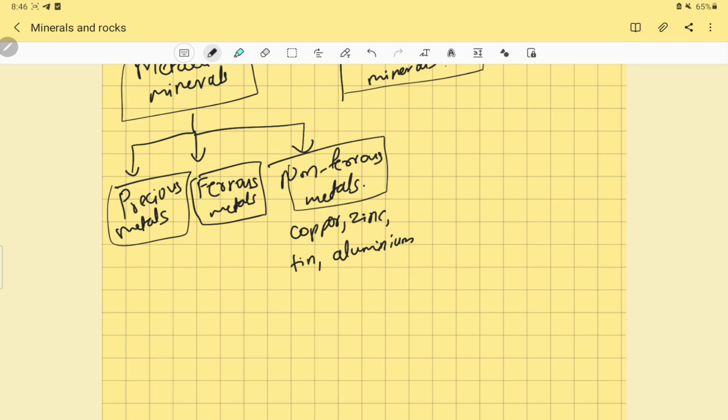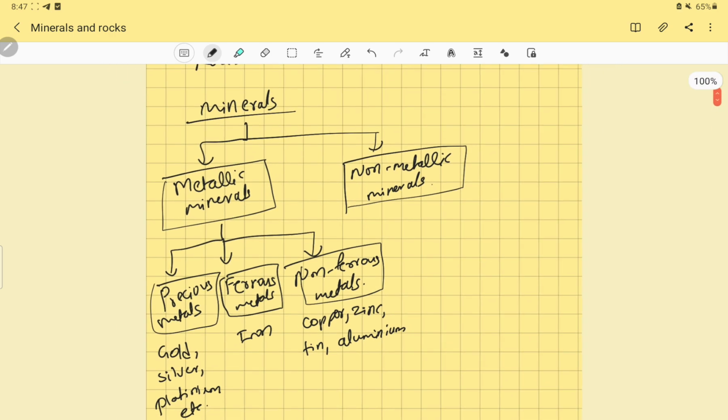These do not have iron. So ferrous metals have iron, and precious metals are gold, silver, platinum, etc. Okay, so this is about metallic minerals.